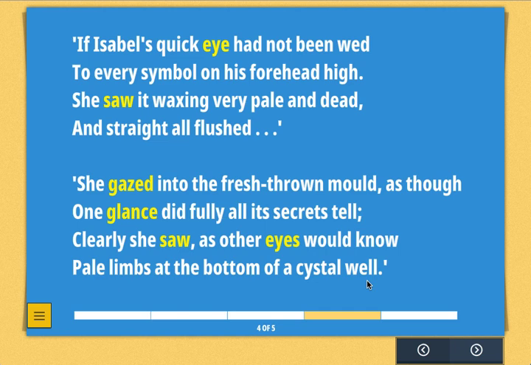Again, this reminds us of the brother's eyes earlier on in the poem, who was seeing everything and working out what was going on. But it also reminds us of that eye imagery at the beginning of the poem, where we could see the delight that Lorenzo and Isabella took in each other's company and in seeing each other, and that they looked out for each other all the time. So again, this idea that this was there right at the beginning, and here it's culminating in looking upon Lorenzo's remains in the grave.